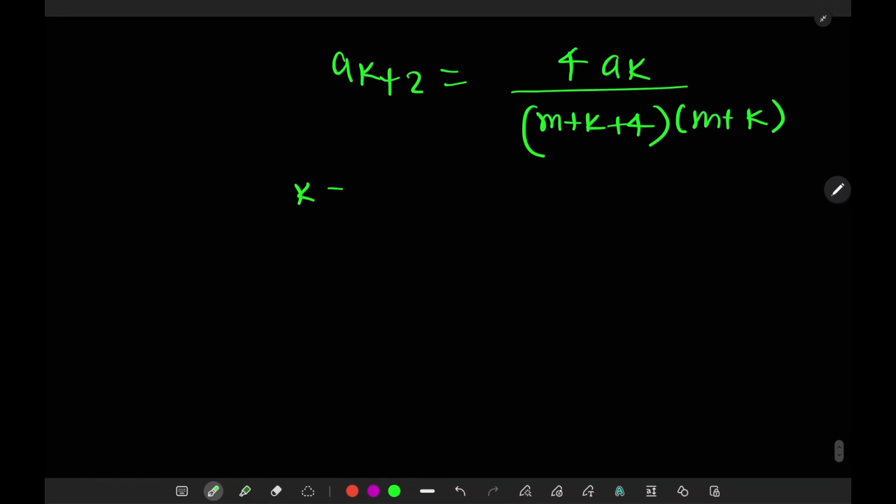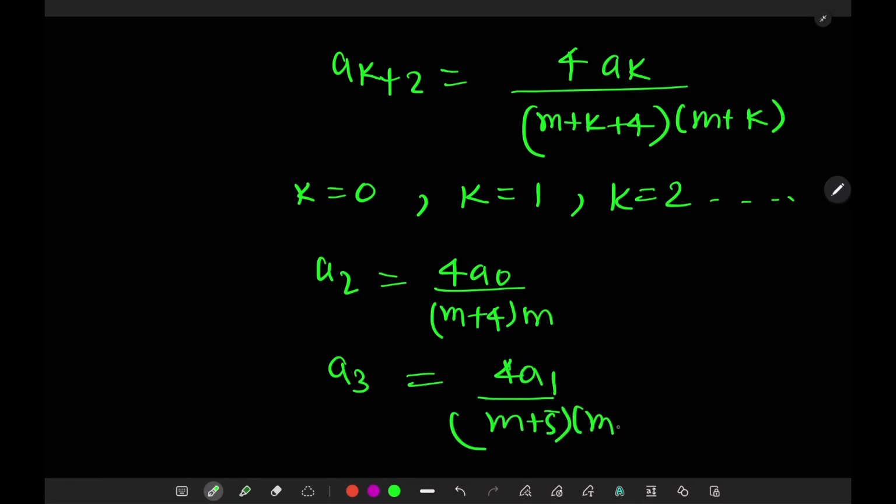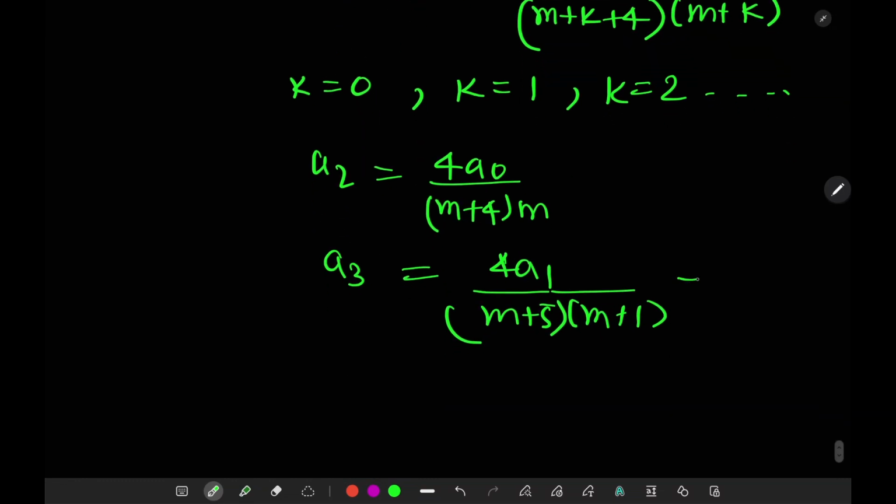On putting the value of k equal to 0, k equal to 1, k equal to 2 and up to so on, we get a2 is equal to 4 a naught divided by (m plus 4) into m, and a3 is equal to 4 times a1, and similarly a5 equal to this, a7 equal to 0, because a1 is equal to 0.